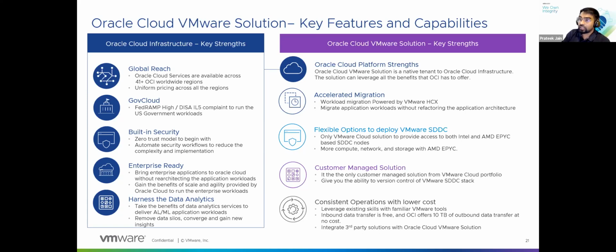Another key feature is that inbound data transfer is free. OCI offers 10 terabytes of outbound data transfer per month at no cost on the tenancy. So if you have applications which have a high amount of outbound data transfer, you have 10 terabytes of outbound data transfer free.